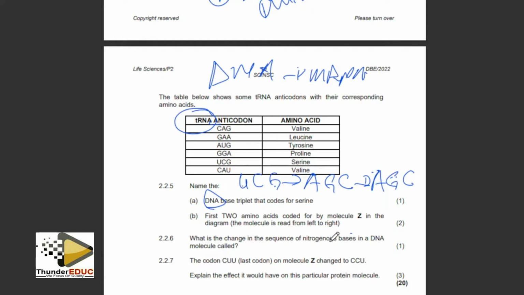So a change in the sequence of nitrogenous bases in the DNA code is a gene mutation, or mutation. They're saying that the code CUU changes to C. Now, they're saying codons, it means they are not saying anticodons, so I have to convert this into transfer RNA.